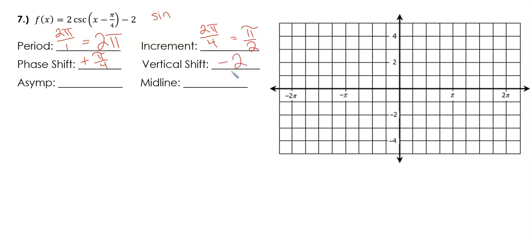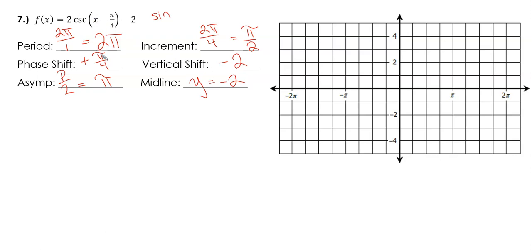My vertical shift goes down 2, so my midline is at -2. Okay, my asymptote is going to take my period again and divide it by 2. So when I divide 2 pi by 2, I'm just going to get pi. Okay, so now we're going to look at graphing this equation.